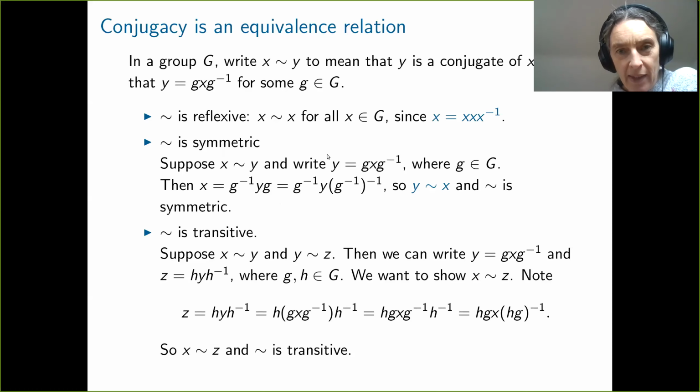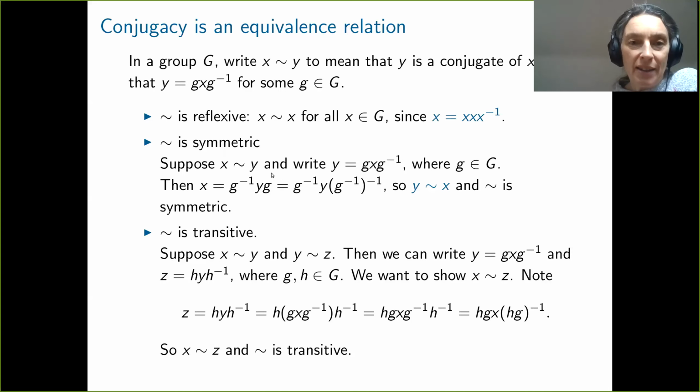That's the same as this statement, just with both sides of it composed on the left with g inverse and on the right with g. That puts a g inverse in front of the y and a g after it, and it cancels the g and the g inverse from the right hand side.